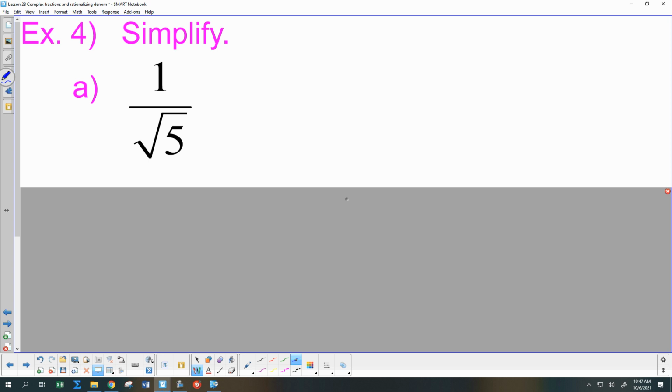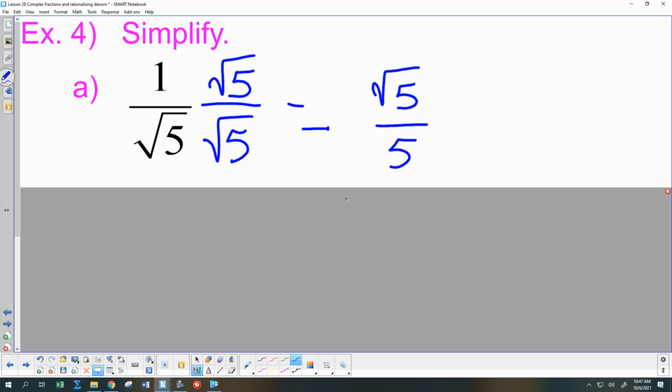Anu, what do you think we need to multiply by? Okay, so we need to get rid of that root 5 in the denominator, so we multiply numerator and denominator by root 5. And then what do we have, Hendricks? Root 5 over a regular 5.